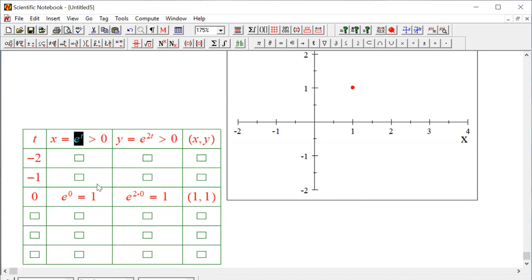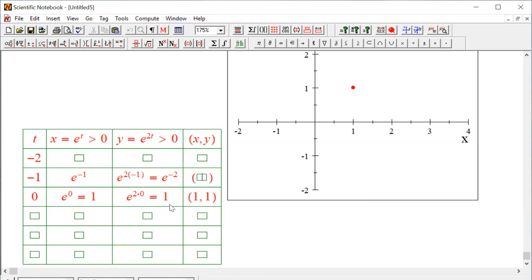Now let's do -1. This is e to the power -1, and this is e to the power of 2 times -1, so that's e to the power -2. They're both still positive.